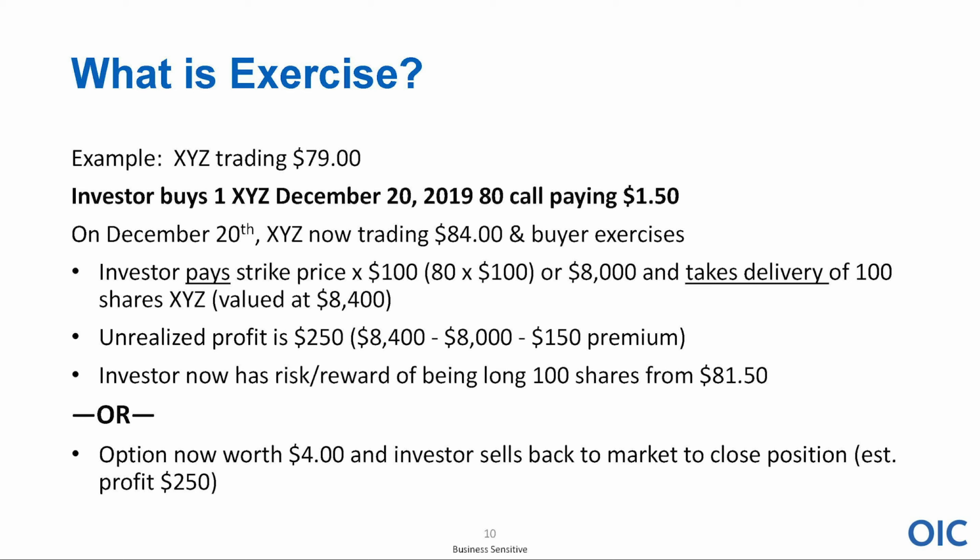On paper anyway, I'm up $250, right? So now my new risk, I have exercised this option. My new risk is not whatever I paid for this option. My new risk is owning 100 shares of the underlying stock. I am now risking the whole $84 or $81.50 that I am in it.